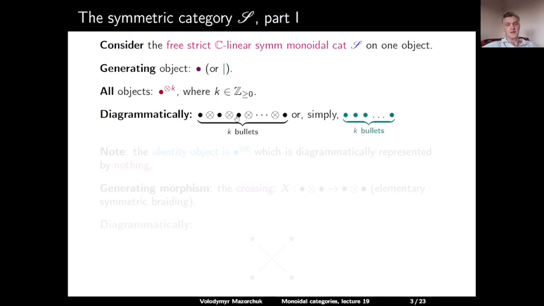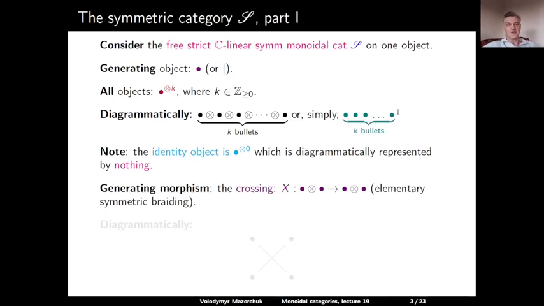Diagrammatically, one should write bullet, tensor bullet, and so on with k factors, but we can also omit the notation for the tensor product and just write this object, bullet to the tensor power k, as k bullets written in a line after each other. Note that we also have the identity object, which is the zero tensor power of the bullet, which will be diagrammatically represented by nothing. So it just sits in the empty space.